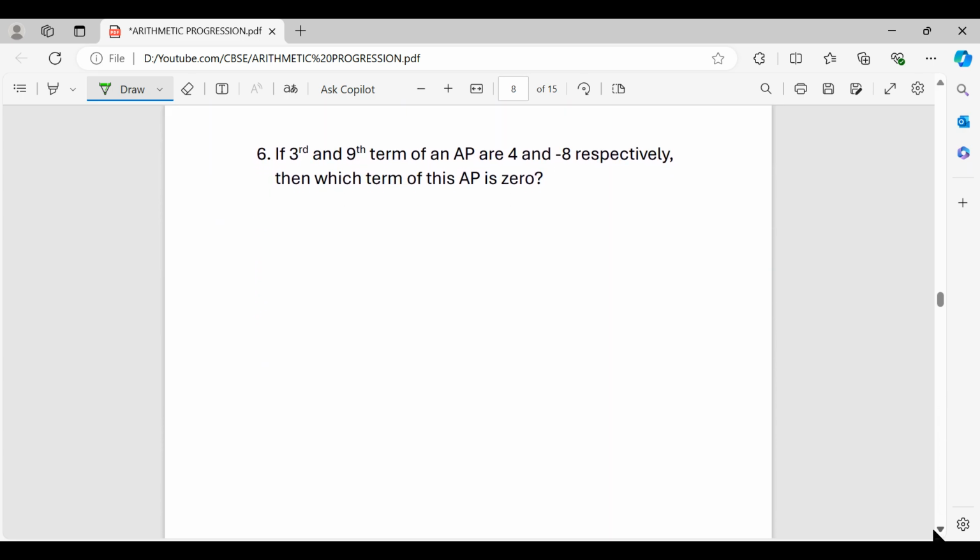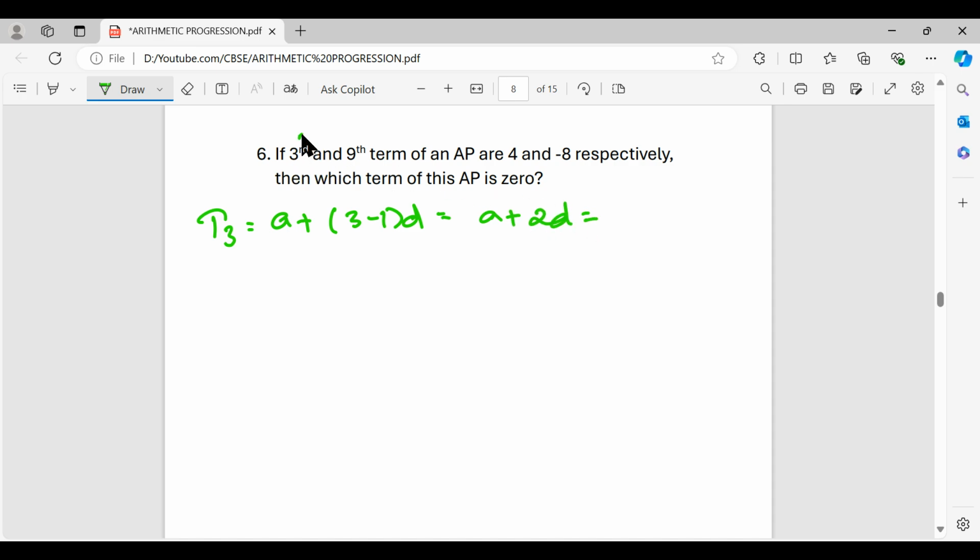Now let's see this question. If the third and ninth term of an AP are 4 and minus 8 respectively. Let's write this. For term 3, we write a plus 3 minus 1 into d, that is nothing but a plus 2d.